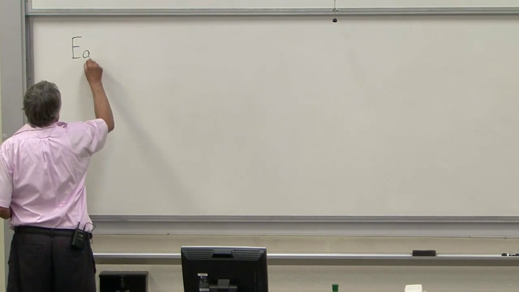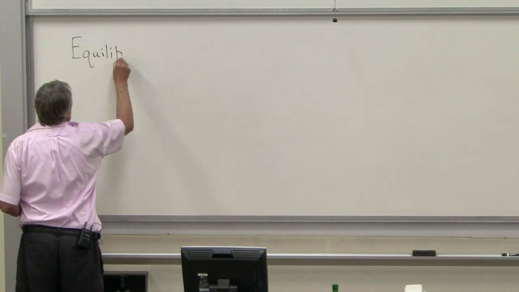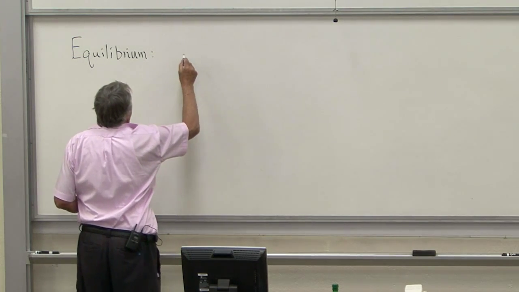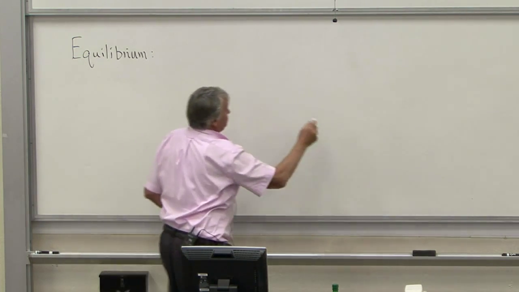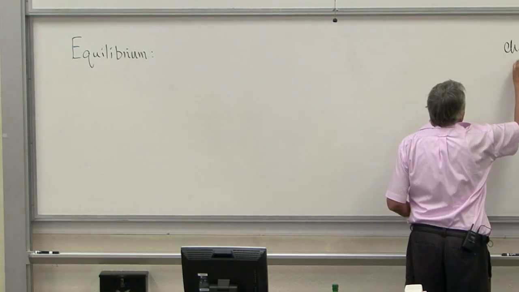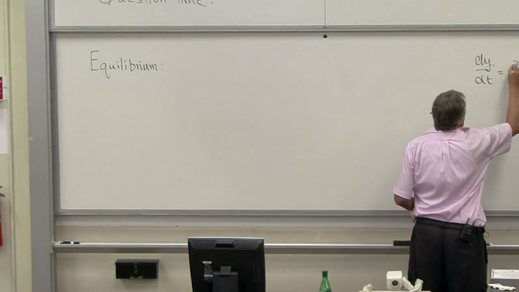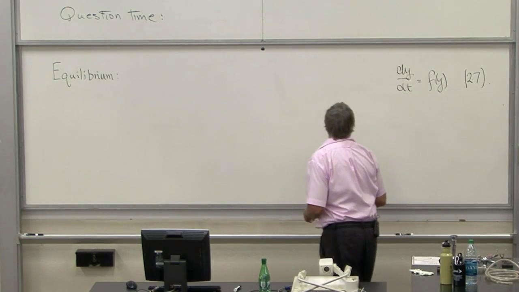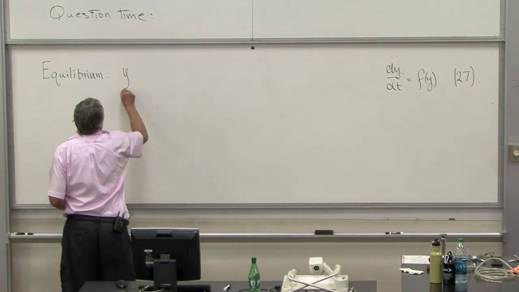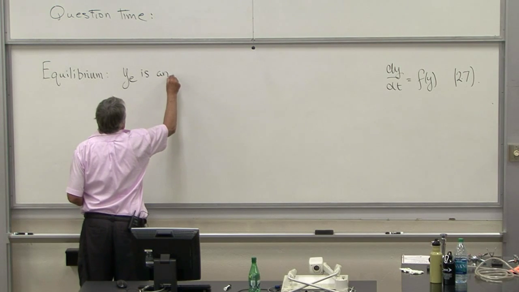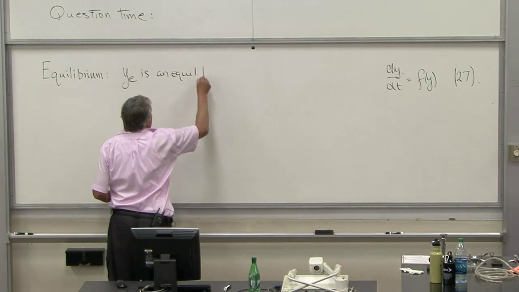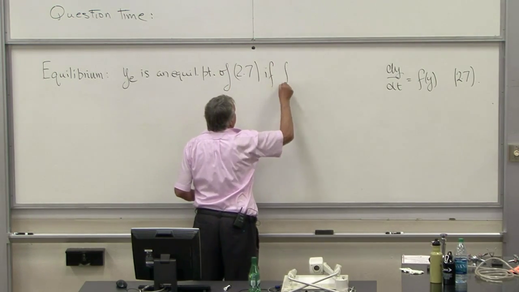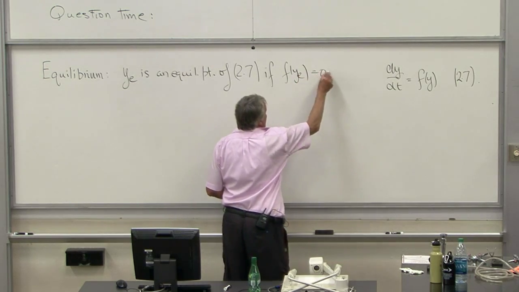Equilibrium point. We're talking about the equation dy by dt is just f of y, and I believe that has the number 27 in the book. y_E is an equilibrium point of 27 if f of y_E equals 0.